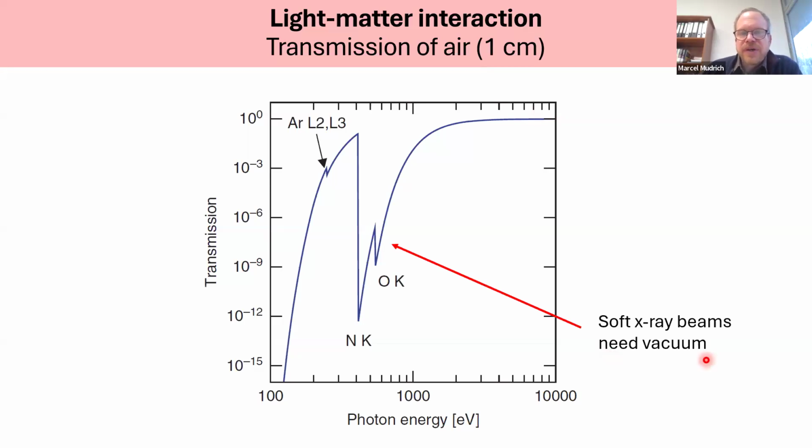So you need a good vacuum system, whereas hard X-ray beams actually can be transported even through air, because sure, there is some ionization going on, but the transmission is nearly one at really hard X-ray ranges.